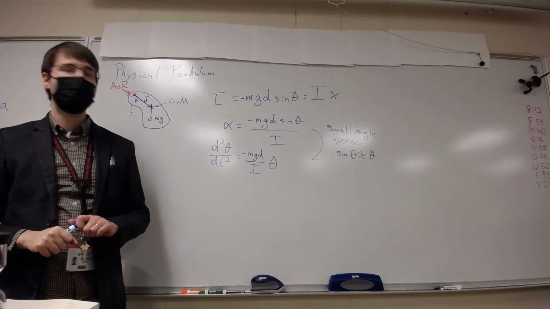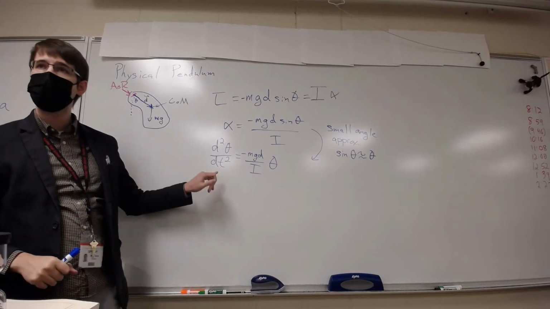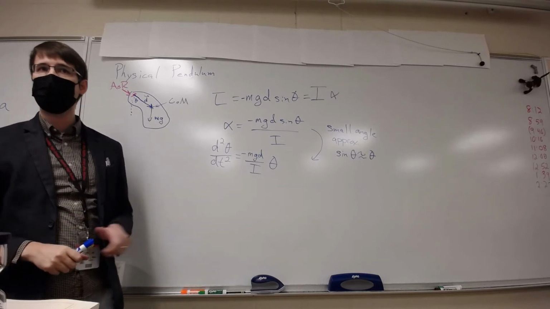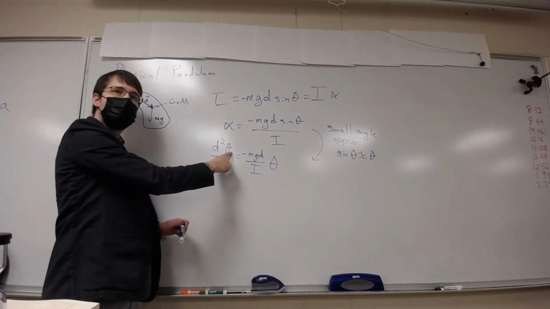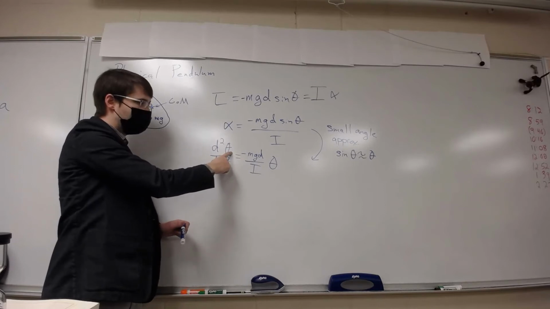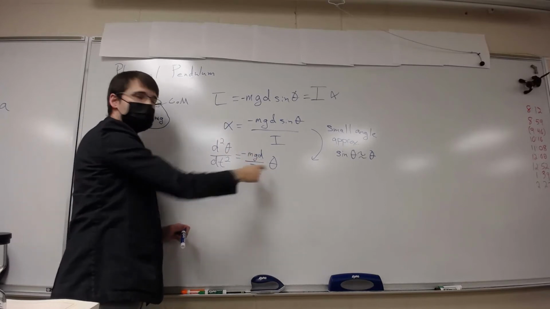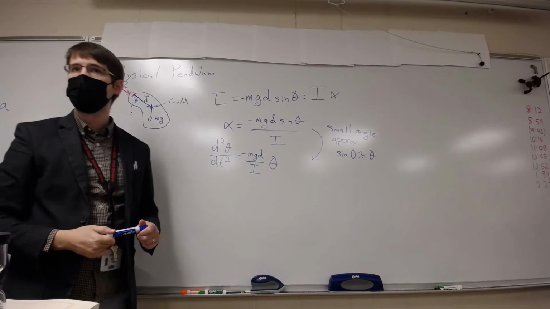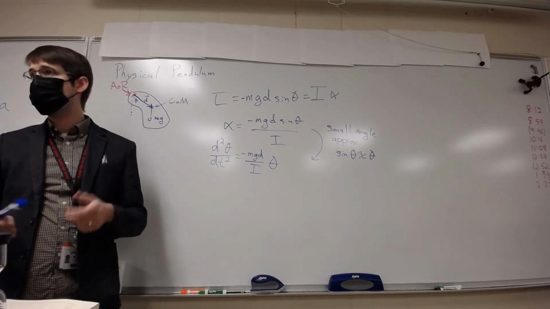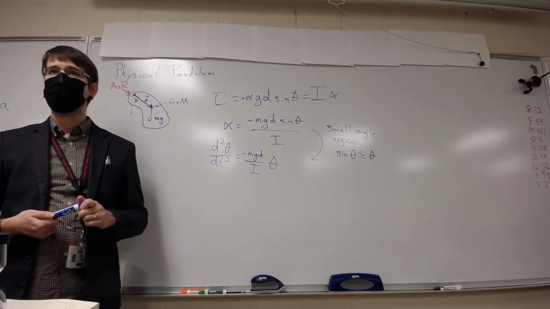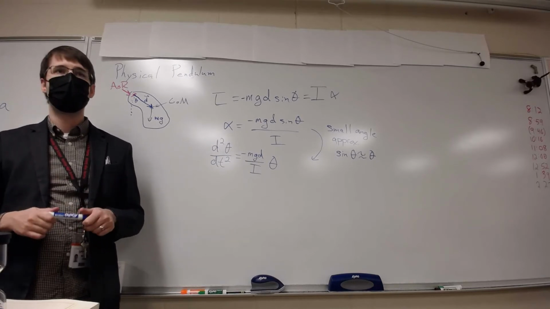And what you might notice is this is just like the equation that we had at the beginning of class. This is the second derivative of some position variable equal to negative a constant times that position variable itself. And so here, as theta changes, we're going to get simple harmonic motion, just like we saw with that other one before.